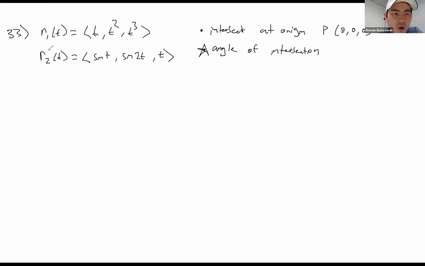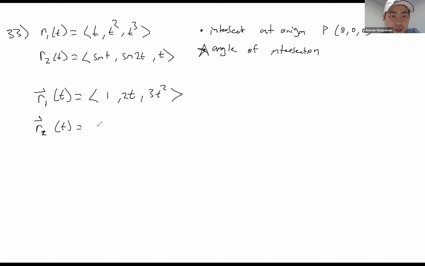For this question, you need the tangent vectors for the two curves R1 and R2. The first thing I would do is find the tangent vectors, which is going to be 1, 2t, 3t squared for R1, and cosine of t, 2 cosine of 2t, 1 for the second curve.